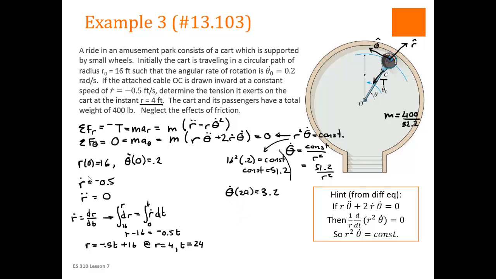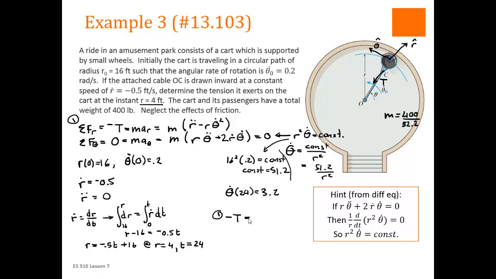So we now have r dot, r double dot, r, theta dot, and we don't need theta double dot. So it doesn't matter what it is, right? Because we're going back up to this equation. We have r double dot, r, and theta dot, all at this point where r is 4. So I'm going to call this equation 1. We'll come down here and finish working with equation 1.